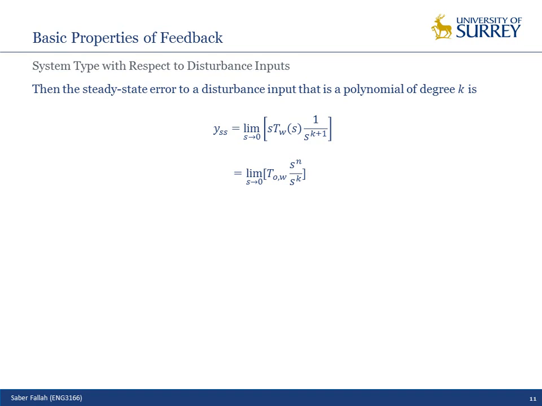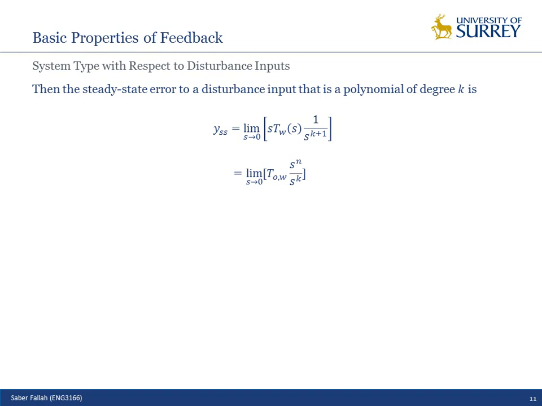What is this, 1 over s to the power k plus 1? It is the disturbance input, exactly. If k is equal to 0, I have a step disturbance input. If k is equal to 1, I have a ramp disturbance input.